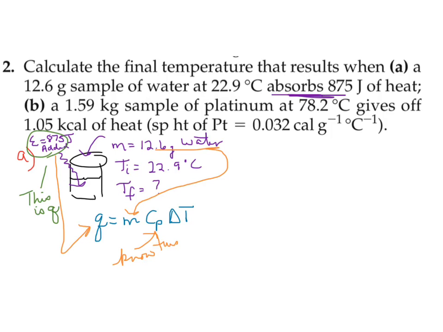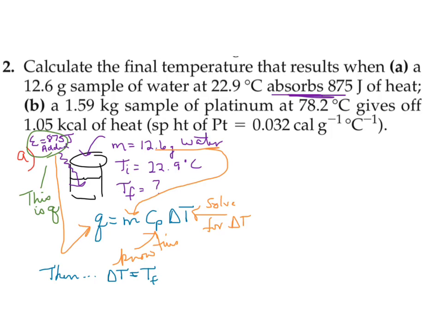They give you Q, they give you m straight out, the mass of this water, and you know the specific heat of water, 4.184 joules per gram degree Celsius. So with all that, you can actually solve for delta T, can't you?